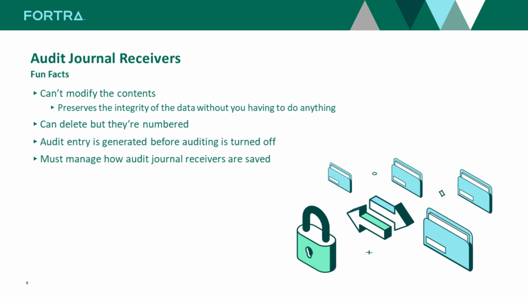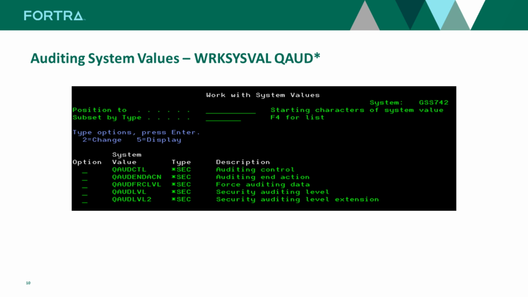You can't keep them forever. We'd all love to have petabytes of storage, but we don't. So when those are deleted, the data is gone. Having a strategy for saving these receivers before they're getting deleted is super important, because you can restore them and read through that data as if they had never been removed from the system itself.